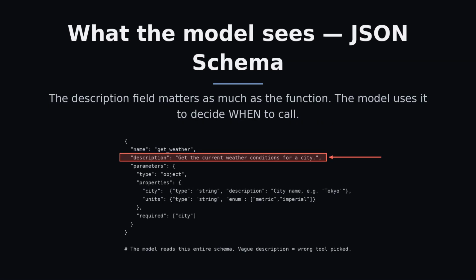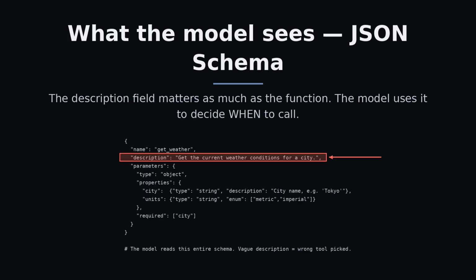What the developer actually writes is a schema. Each tool has a name, a one-sentence description, and a JSON schema spec for its arguments, types, required fields, allowed enum values. The thing most beginners get wrong is treating that description as documentation. It isn't. The model reads it. The description is the prompt the model uses to decide whether this tool is the right one for the user's question.